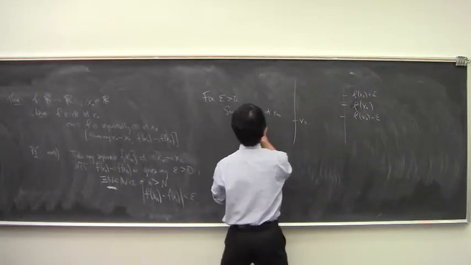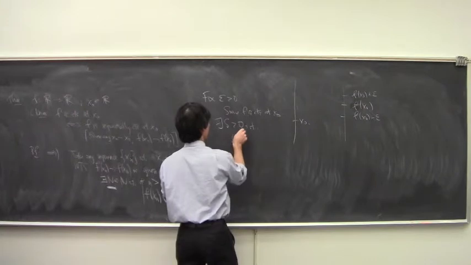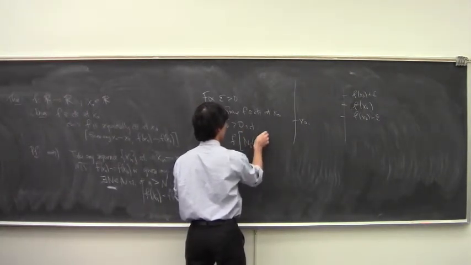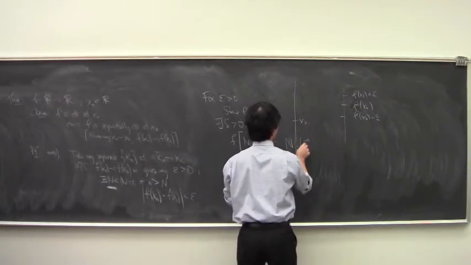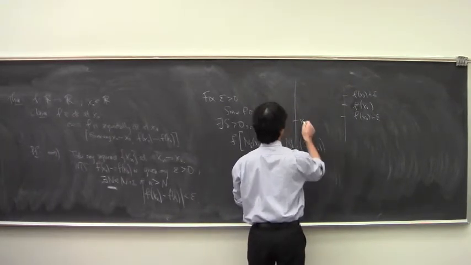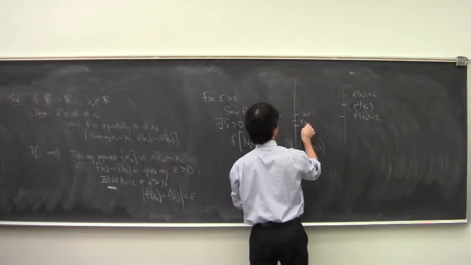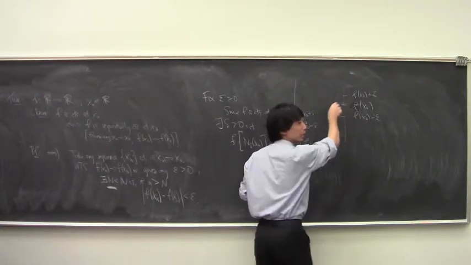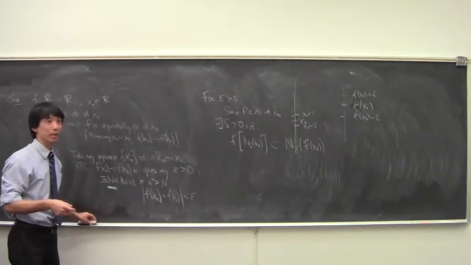So there exists a delta such that f of anything inside the delta neighborhood of x naught lies inside the epsilon neighborhood of f of x naught. So we know we can find the delta, so that everybody inside here lies inside here. Okay, so how does that give us our n?